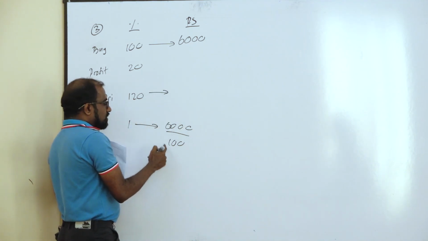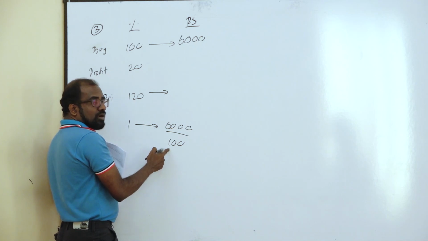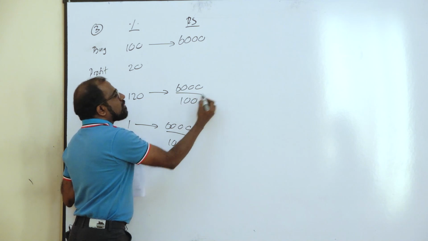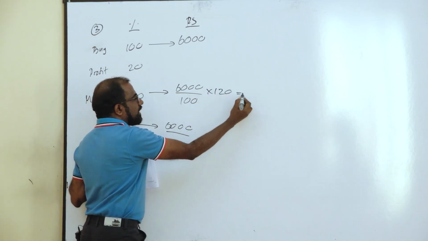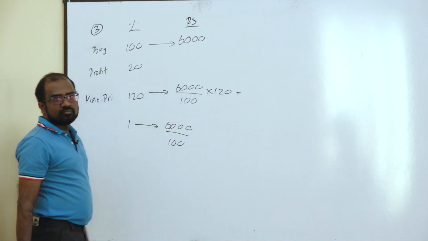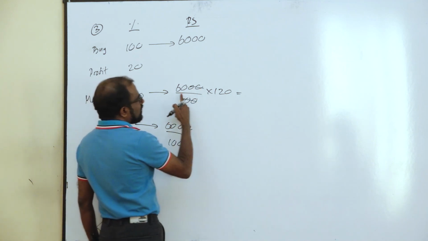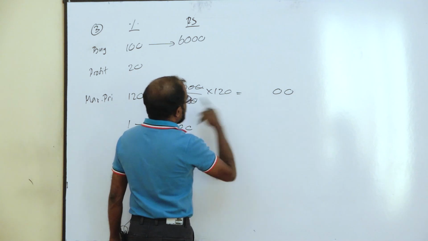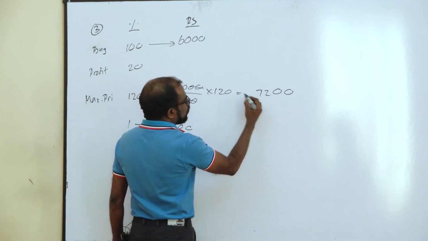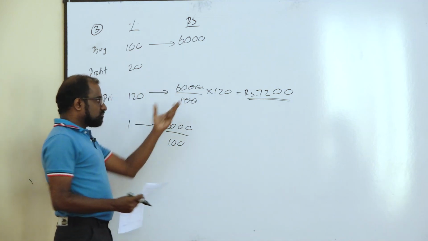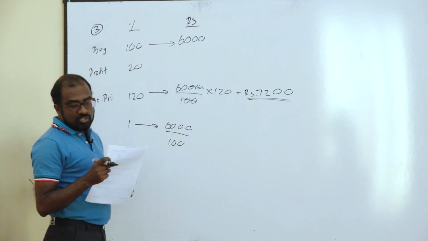And now 1%, this one should be multiplied by 120. 6,000 over 100 multiplied by 120. What is it? 2 zeros cancel. 6 times 12, 72. What's the mark price of the electric item? 7,200.